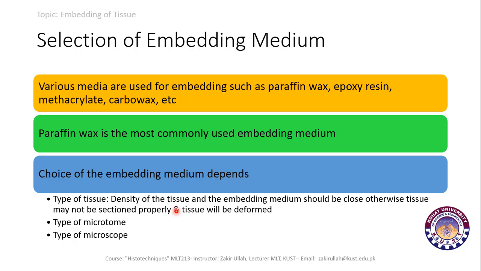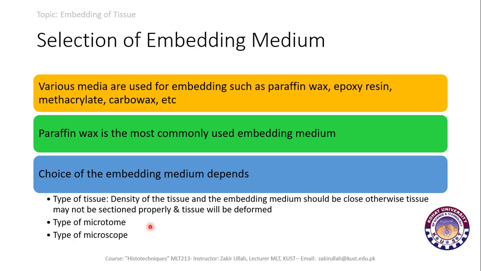So, the type of tissue is important during the selection of the embedding medium. And then the type of microtome for sectioning of the tissue also matters for the selection of the embedding medium, and the type of microscope, normal routine microscope or the electron microscope.